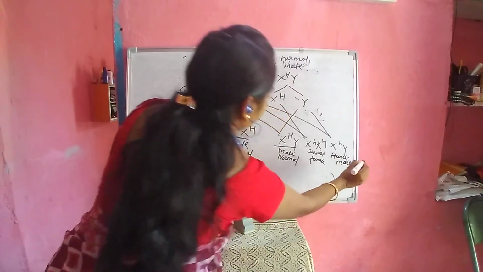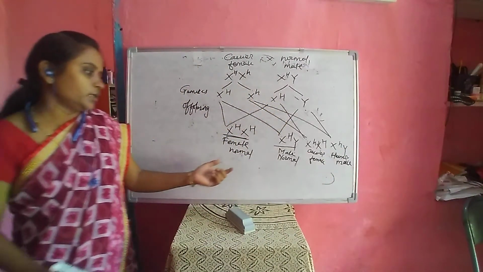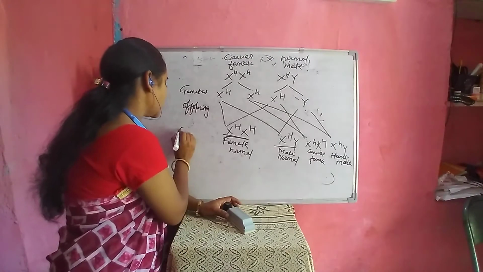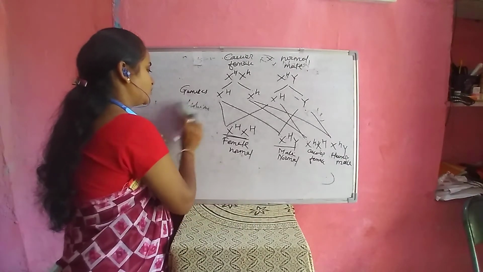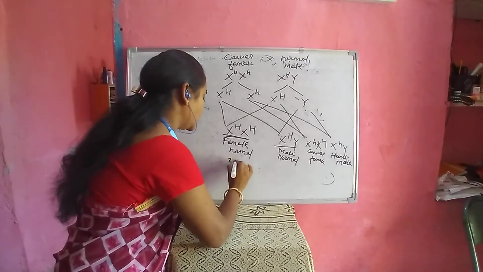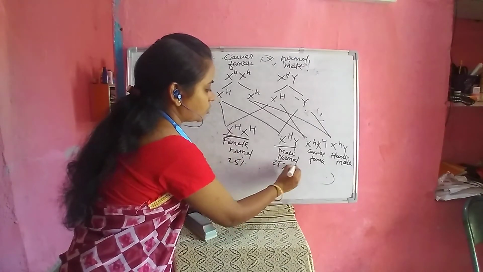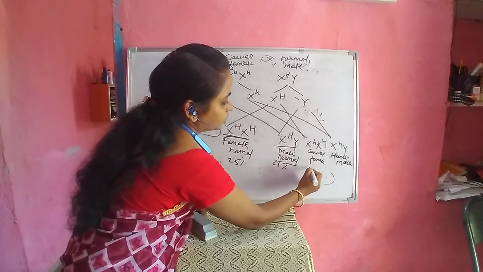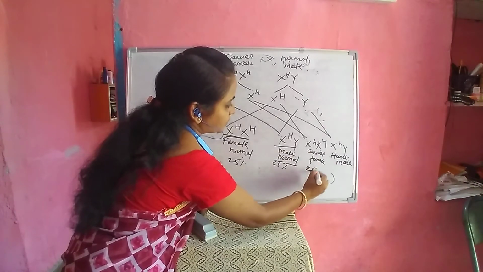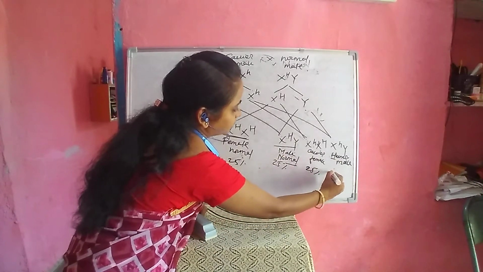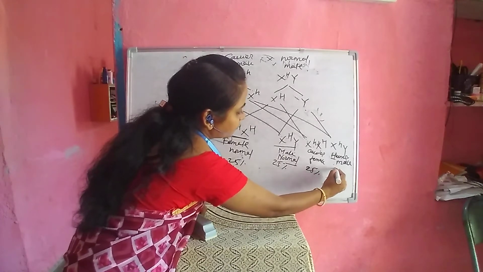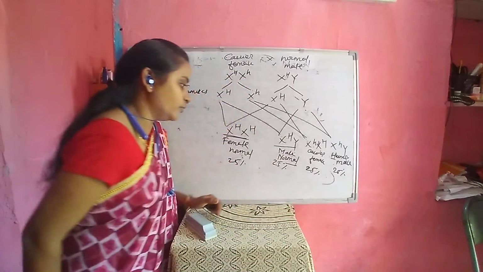So these offspring are 25% normal female, 25% normal male, 25% carrier female, and 25% fully hemophilic male.